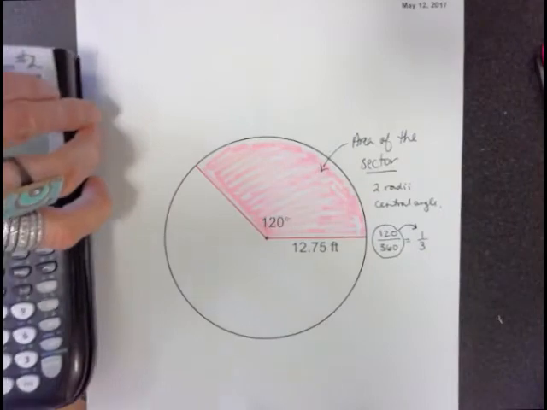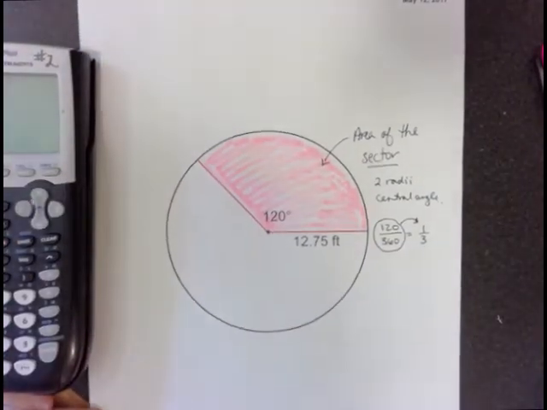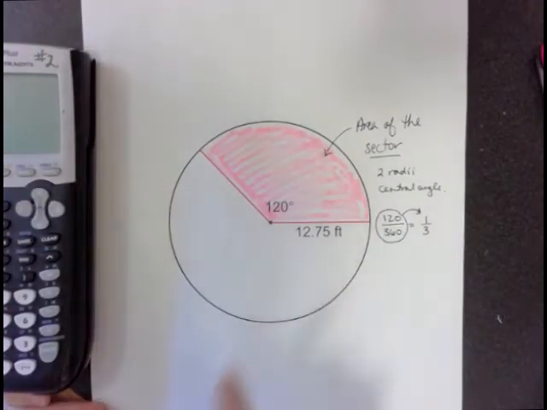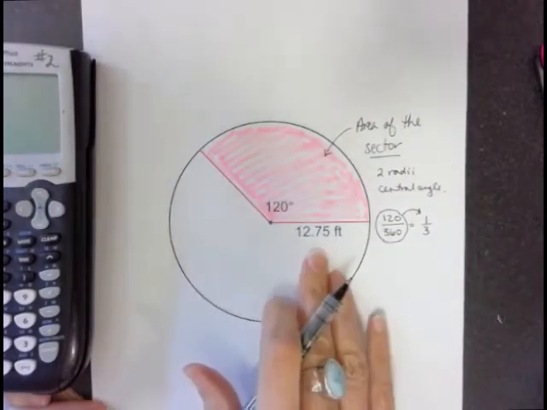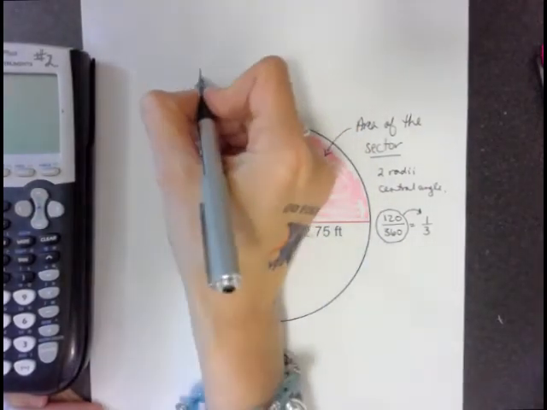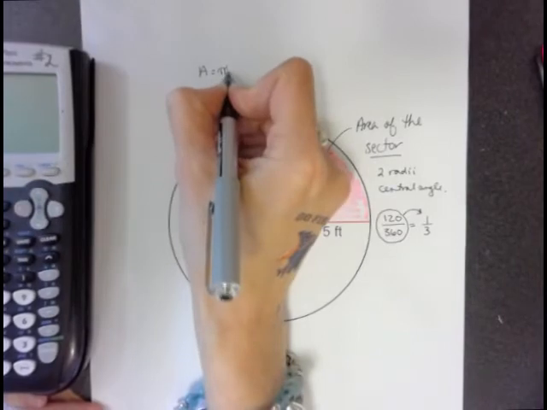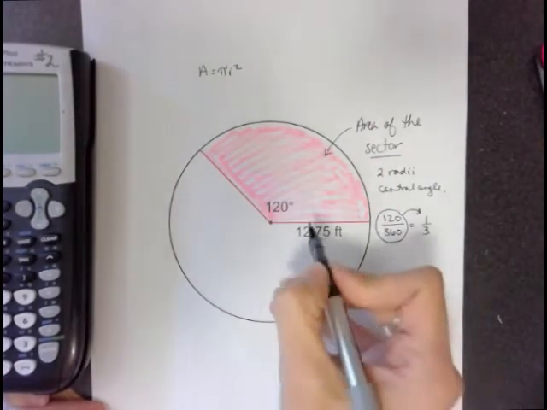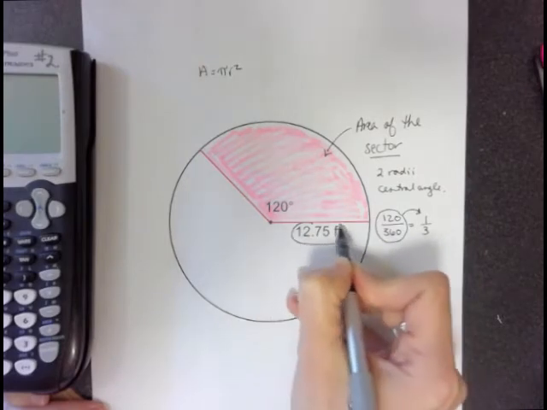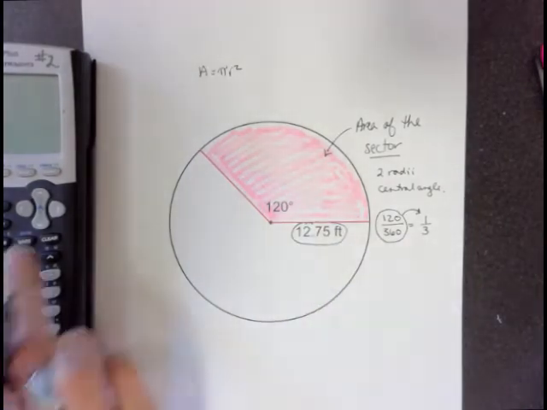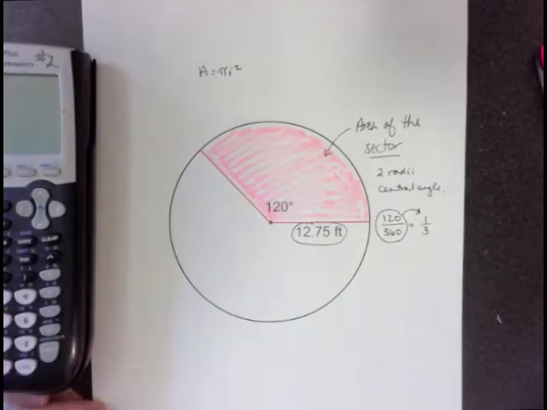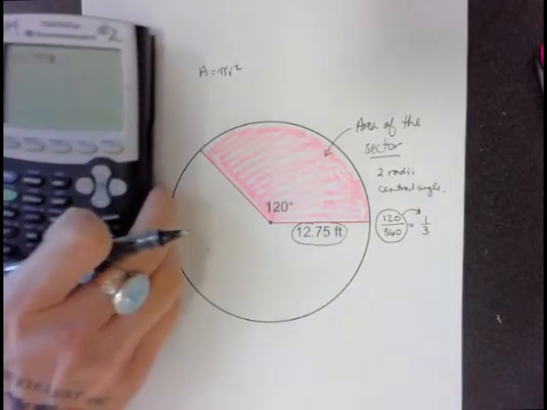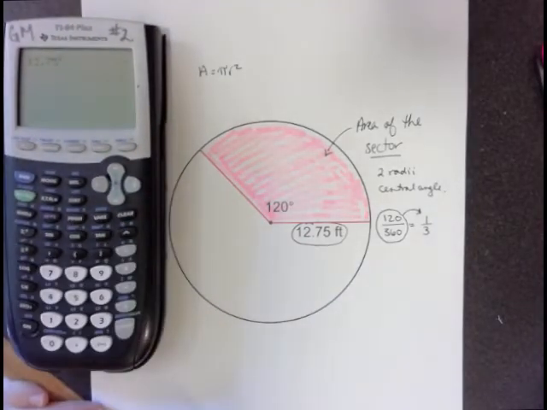So the first thing I have to do is find the area of the whole circle. And again, area equals pi r squared. So if area equals pi r squared, my radius is 12.75. So I square that in my calculator. Y'all see my calculator? Yep. Square that in my calculator.